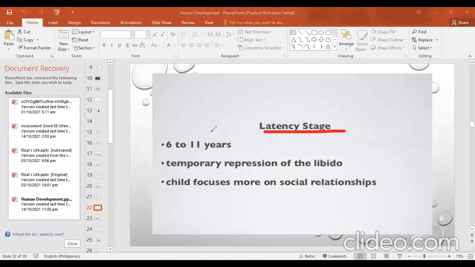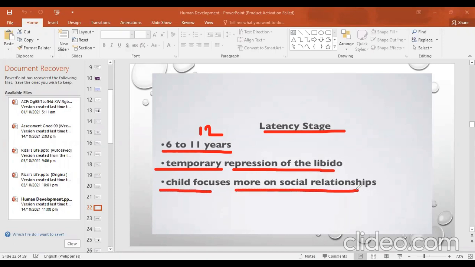When we talk about latency stage, so 6 to 11, it can be 12 years. So, temporary repression of the libido. Ibig sabihin, yung focus ng libido niya ay none. And then, for this one naman, kumbaga nadadirect naman yung pag-iisip or yung focus ng bata when it comes to social relationships. It is very important.